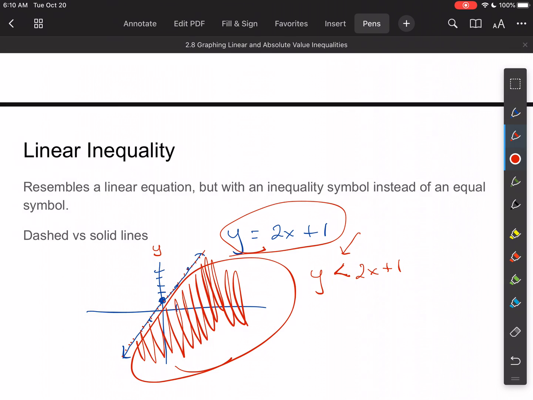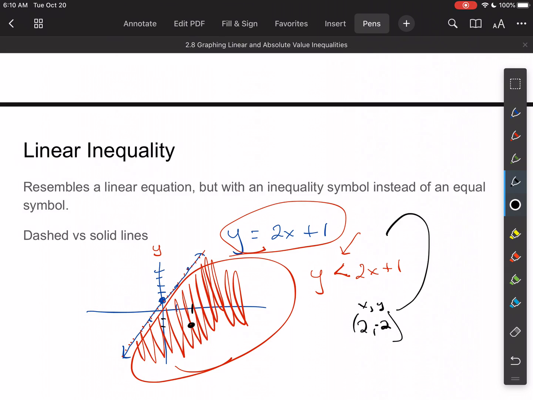These are all possibilities, to the point where I should be able to take any point I want. Maybe I'll take the point (2, -2). If I plug 2 and -2 for x and y into my inequality, it should make sense since it's shaded.